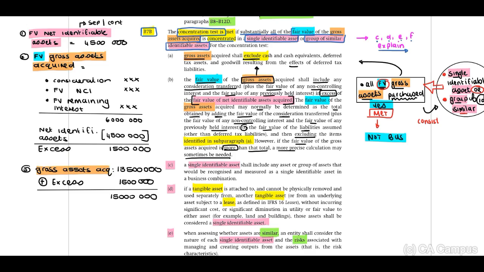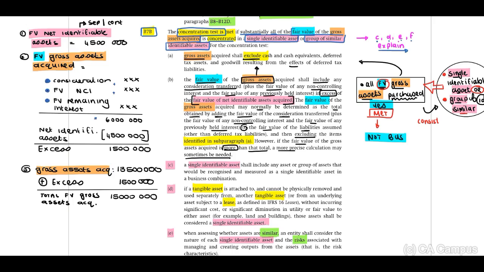And then we have the total in terms of the fair value of our gross assets acquired. Now, when you look at number 2, the fair value of our gross assets acquired will be the consideration paid plus the fair value of our NCI plus the fair value of our remaining interest.